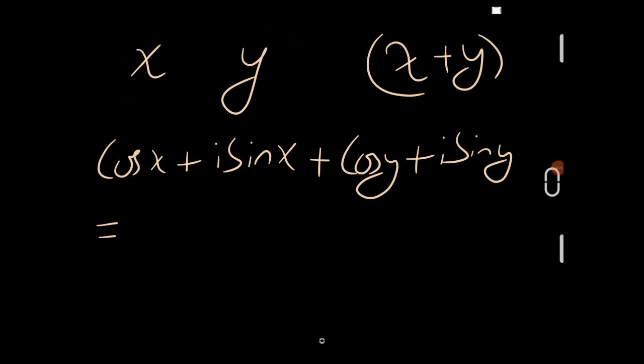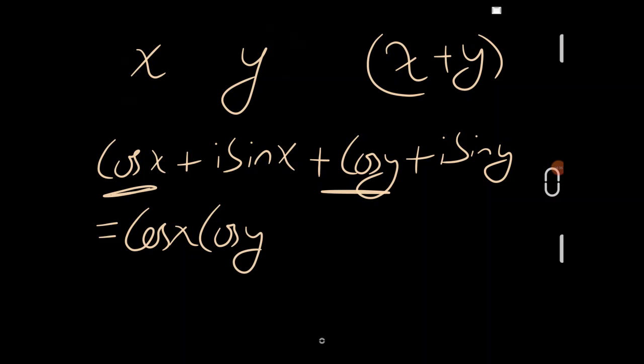Let me group the real terms together: cos x into cos y, and let me put the imaginary terms together, that will be plus i into sin x cos y plus cos x sin y.